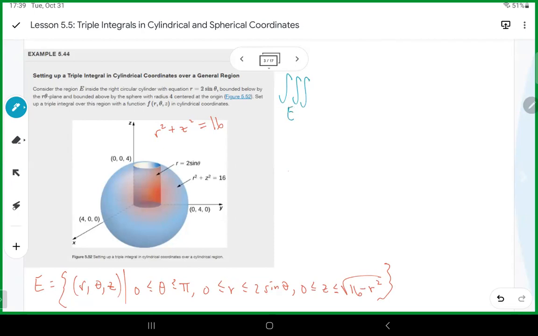And then if we do the integrals, it's going to be over that region. And it'll be from 0 to 2 pi, 0 to 2 sine theta, and 0 to the square root of 16 minus r squared.